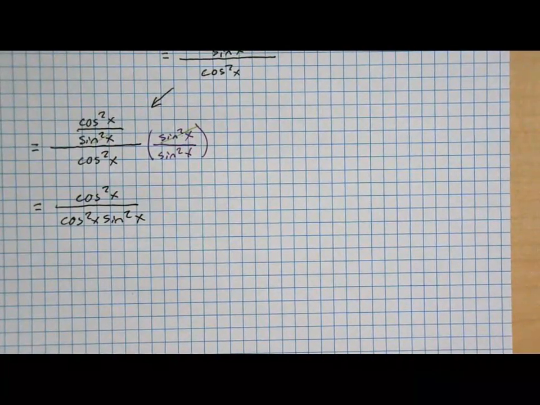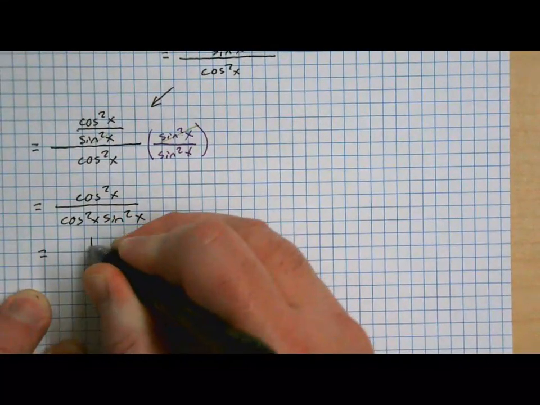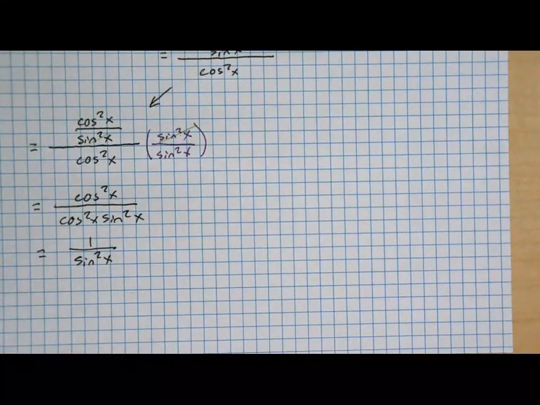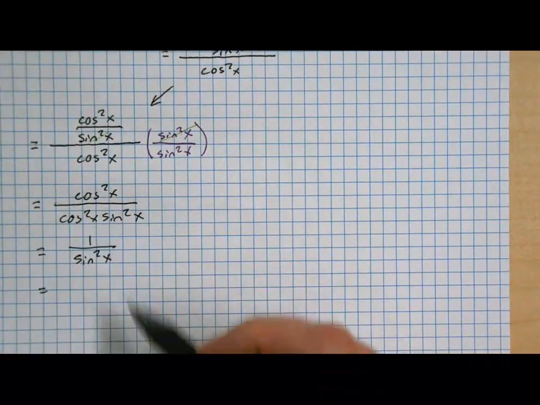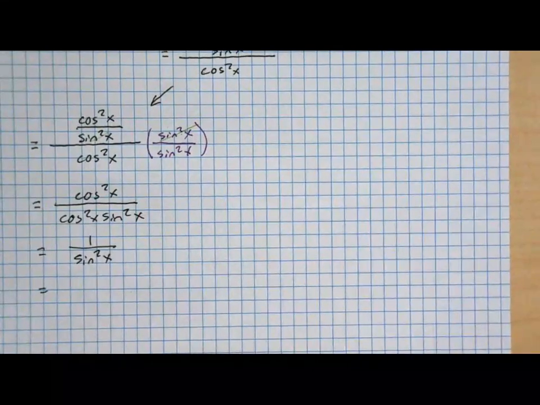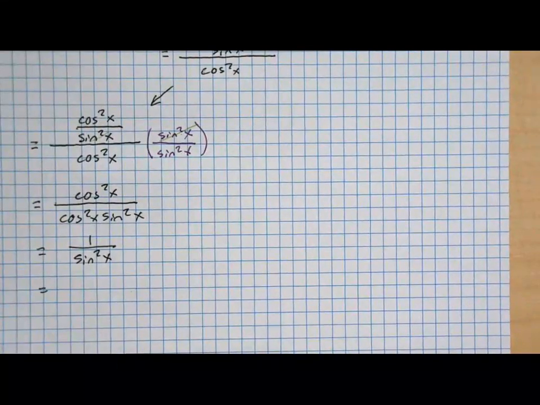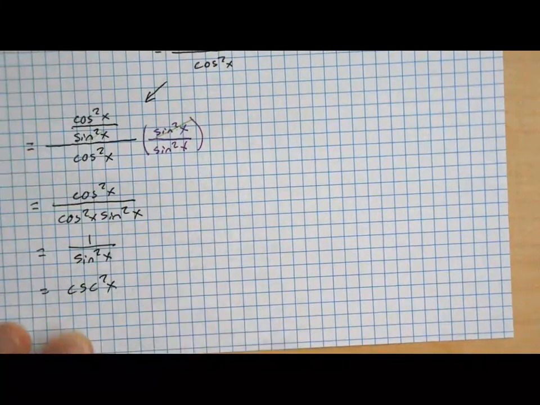Cosine squared is going to go away. Now it's just 1 over sine squared x, and then I think we can rewrite that as a single trigonometric function. That right there reminds me of my reciprocal identities. 1 over sine squared x is equal to cosecant squared x.